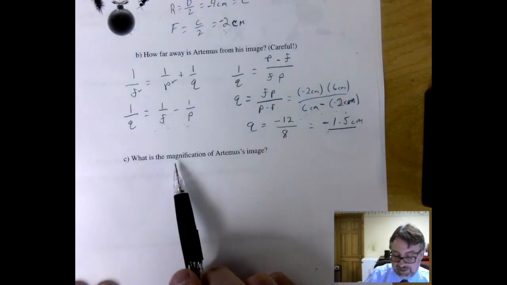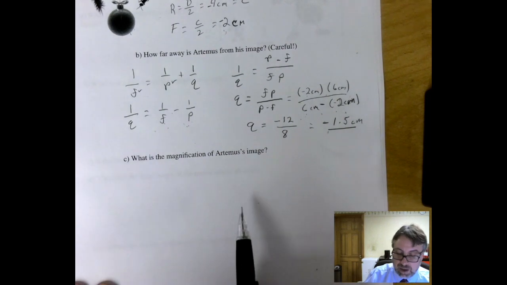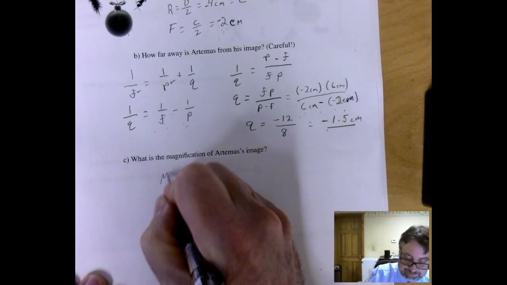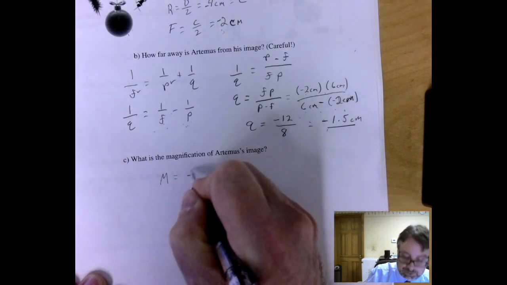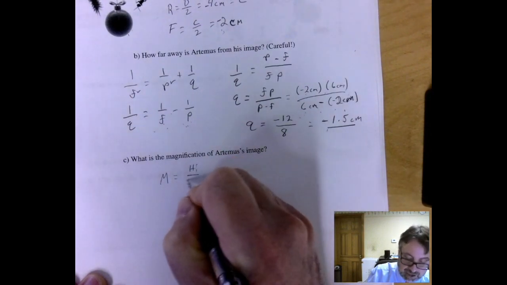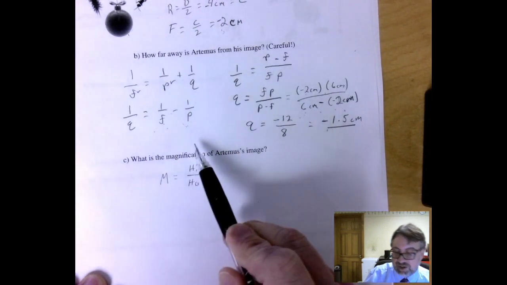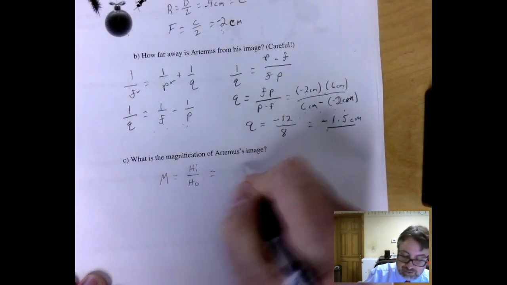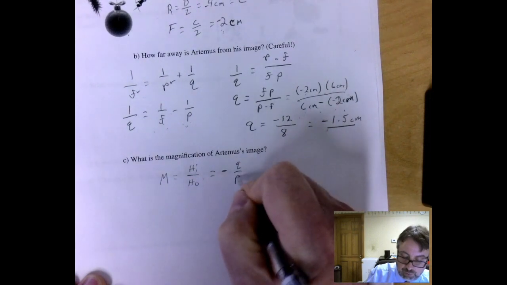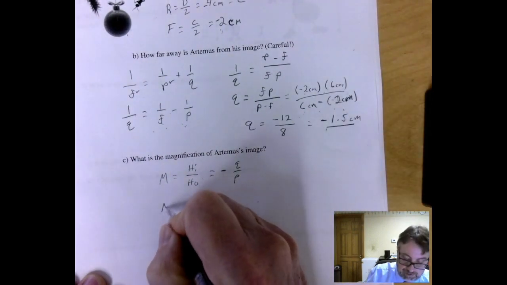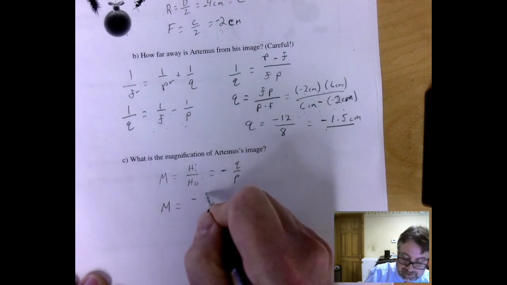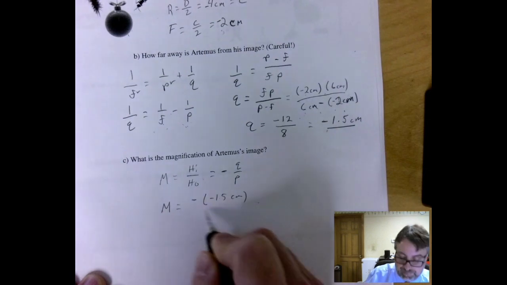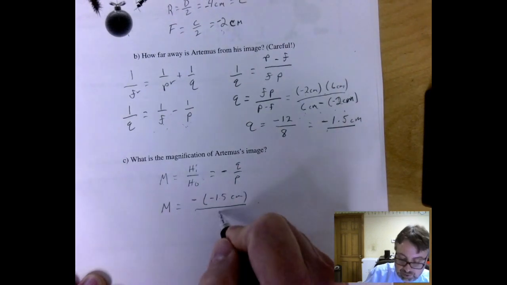Define the magnification of Artemis's image. The magnification is equal to HI over HO. Now I don't have either the height of the object or the image in this problem, so I'll have to use the other form, minus Q over P. So the magnification will be minus 1.5, that's my minus Q, divided by P, which was 6.